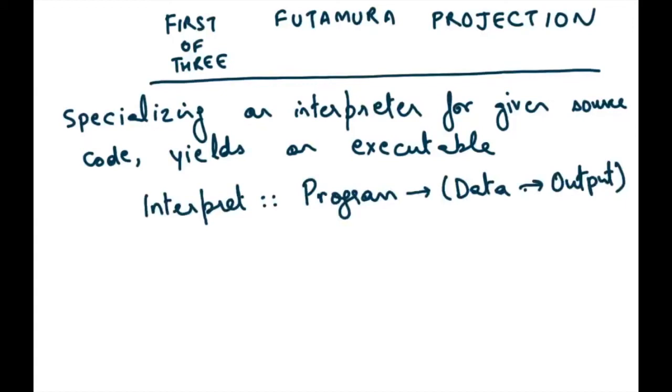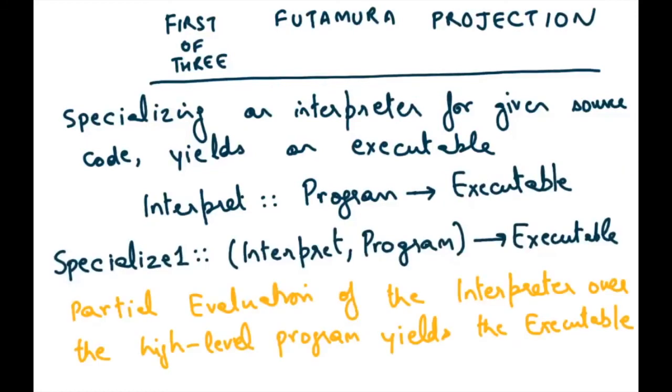So think about the interpret function, which takes a program and returns another function that takes data and returns output. And think about a specializer function that takes both interpret and program, and it yields a function which is the executable, which takes data and generates output.